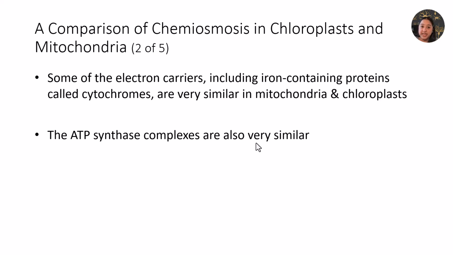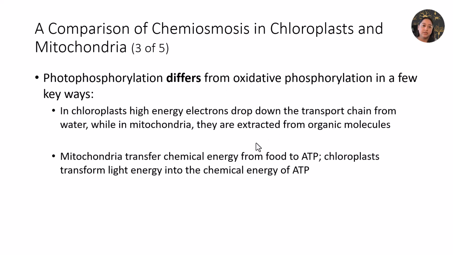Some of the electron carriers, including iron-containing proteins called cytochromes, were also similar, right? They are very similar in mitochondria and chloroplasts. The ATP synthase complexes are also very similar. But they're also different in some ways. So photophosphorylation differs from oxidative phosphorylation in a few key ways.